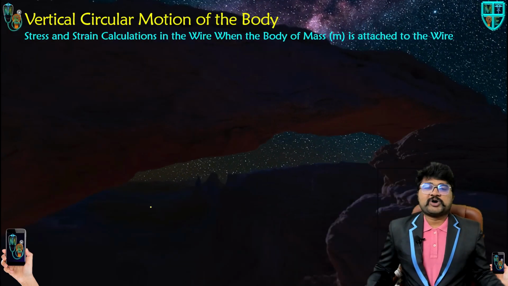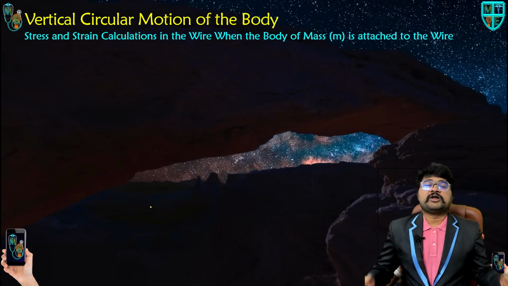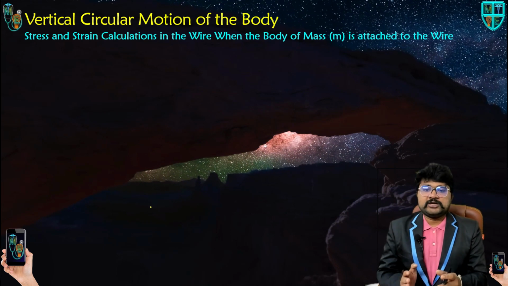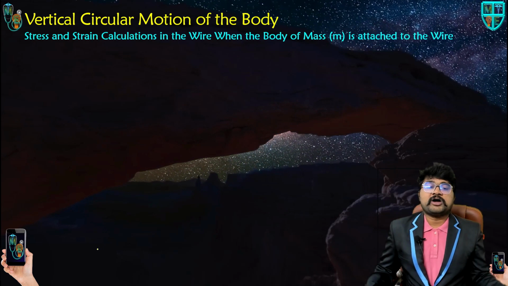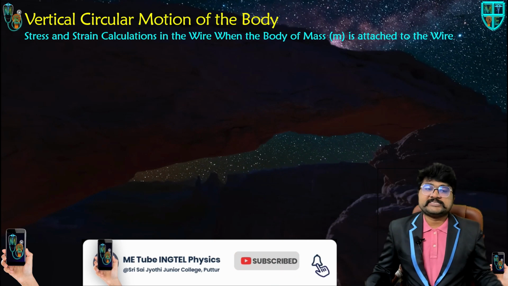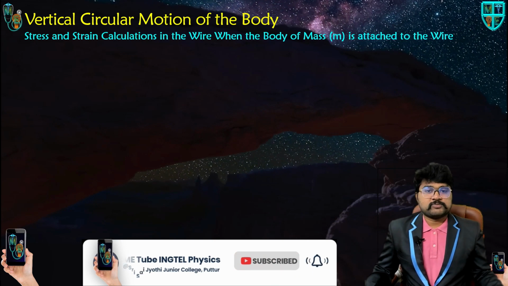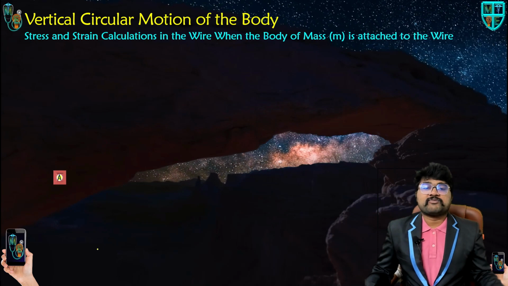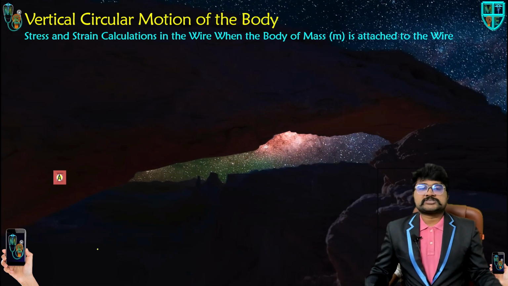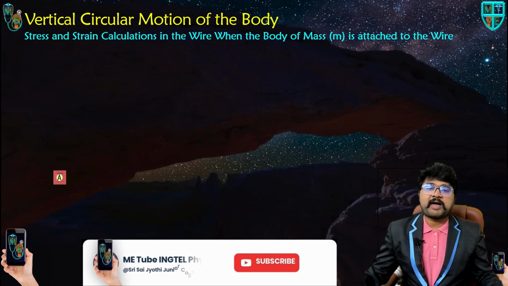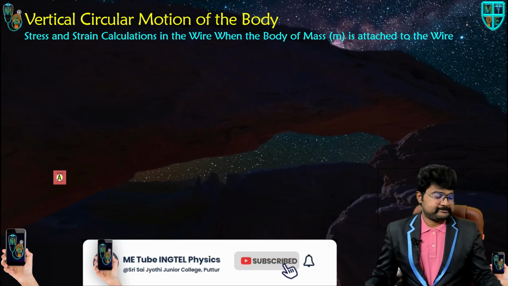Now we can have a look at the vertical circular motion of the body. Here we need to do stress and strain calculations in the wire when the body of mass m is attached to the wire and the body is in vertical circular motion, at the maximum angular velocity condition.